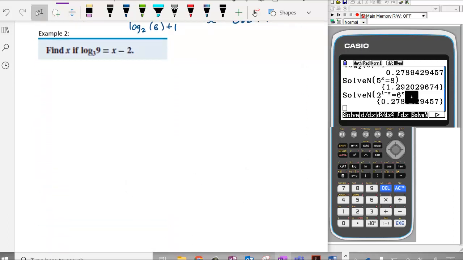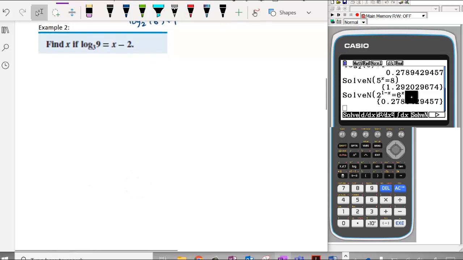Okay, example 2. We're trying to find x if log base 3 of 9 is equal to x take 2. So let's write this out. Log base 3 of 9 is equal to x take 2. Now, we're trying to isolate x. We should be able to see here straight away that we can write 9 in base 3.